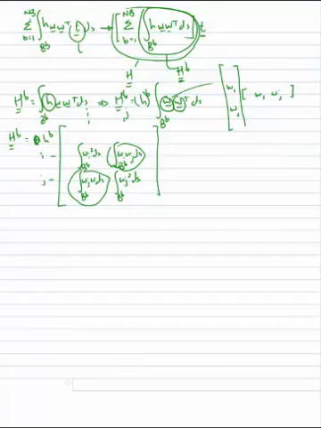We'll start by remembering what w_i and w_j look like. So along boundary segment ij, so this is i and this is j, w_i is going to start at 1 and go to 0. So w_i would be 1 minus s over s_ij.